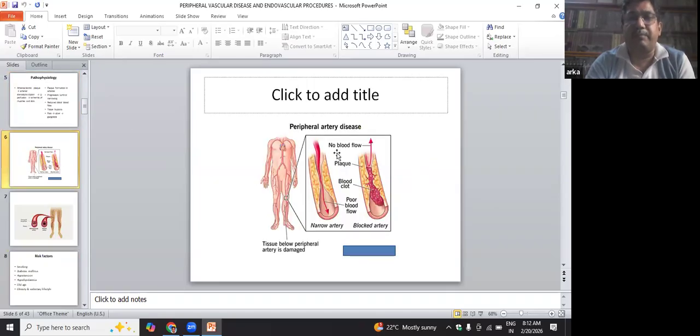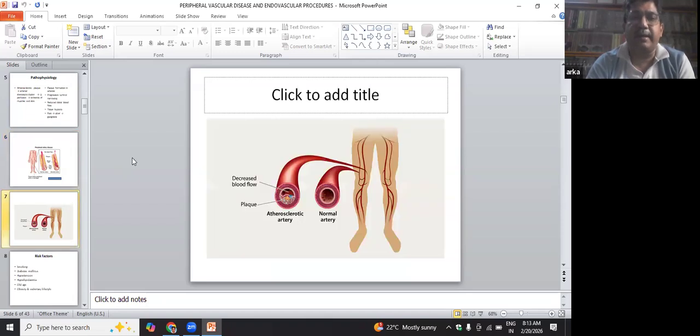This picture shows blood flow reduced due to plaque; arteries are narrowed, then blocked, and tissue below the peripheral artery is damaged. This is the whole picture of peripheral arterial disease due to formation of arterial plaque.